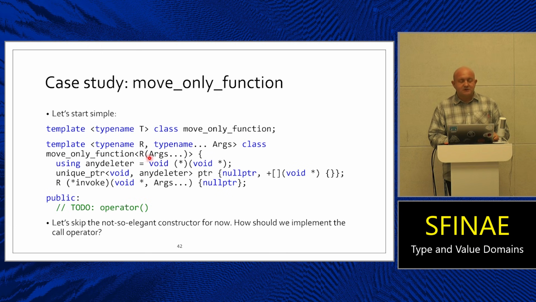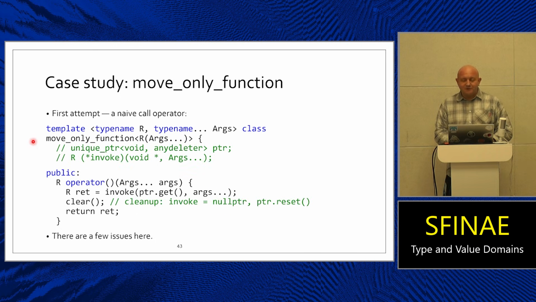This partial specialization replaces T with a function type, so it is more special, less general. Int will be here. Int of int and float will be here. Pause the video for a moment and think, how would you write the call operator? 3, 2, 1.